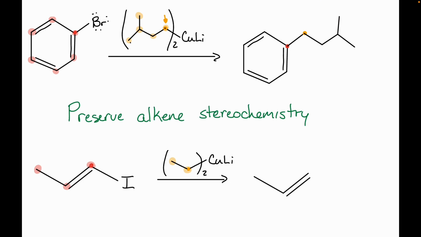All right, but when this new bond is formed, it's formed in such a way that it preserves that stereochemistry. So pointed in the same direction as the bond. All right, so this bond here and this bond here is in the same direction as the old bond.